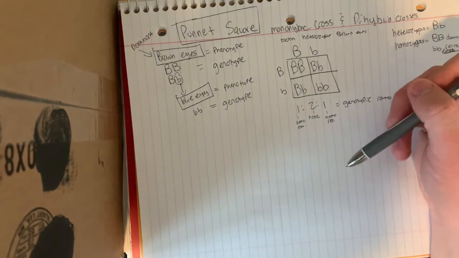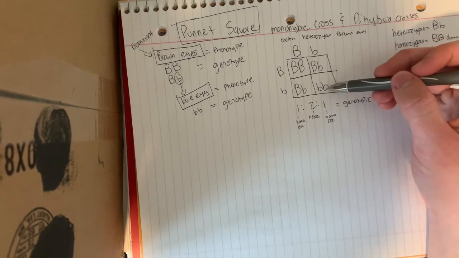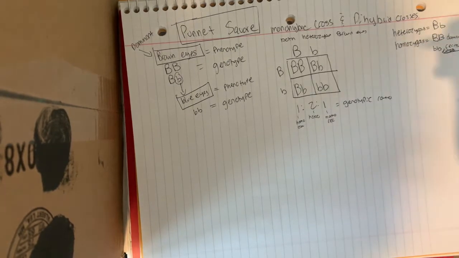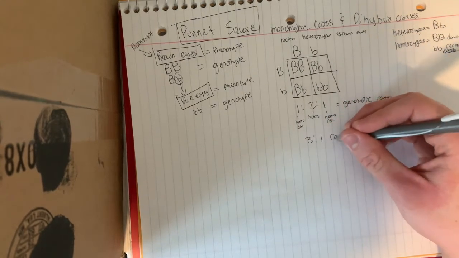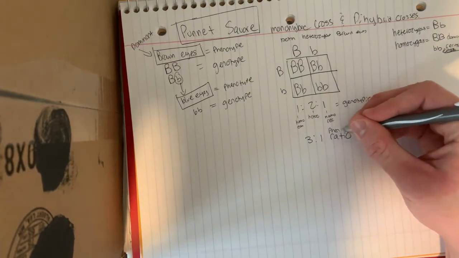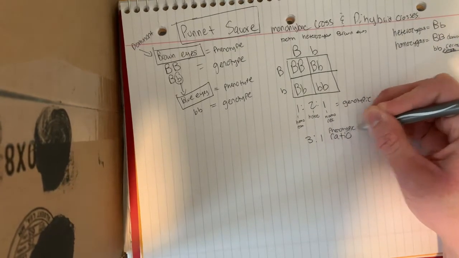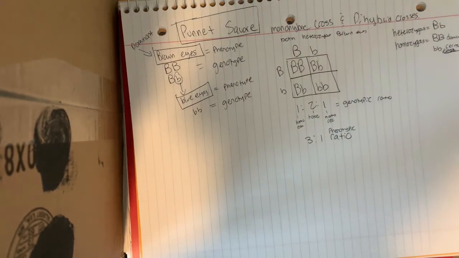So those are expressed as brown eyes. But this person has both recessive alleles and they express blue eyes. So we'd see that as a 3-to-1 phenotypic ratio. And that's important. Usually with monohybrid crosses, this is what you will always see if it follows Mendelian genetics.